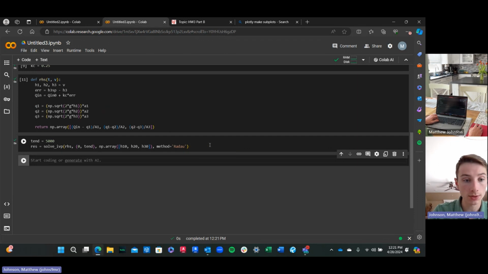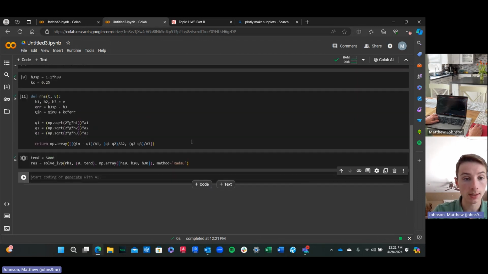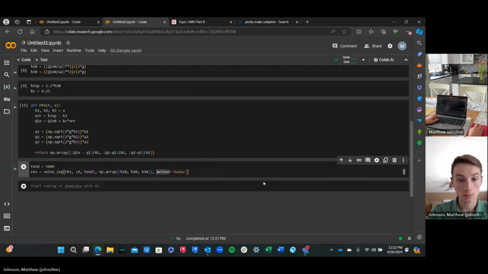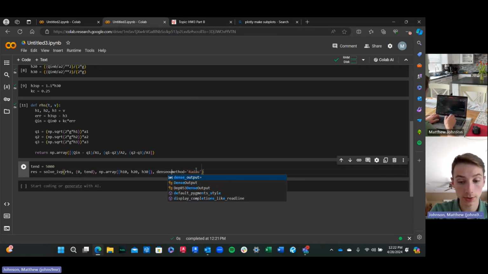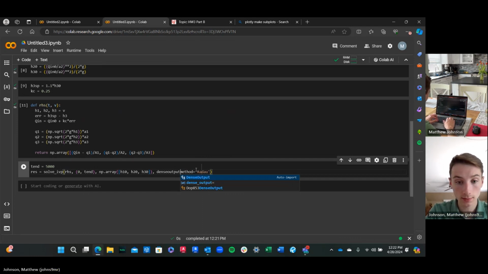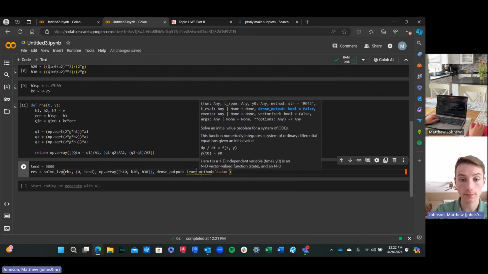We should be able to go ahead and start plotting this. One more thing I forgot here was to write dense output equals true.